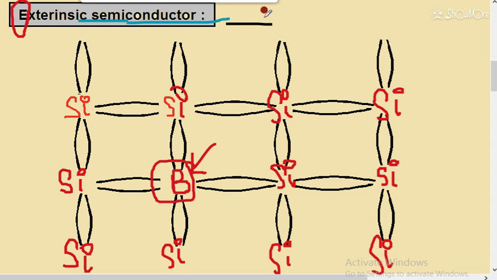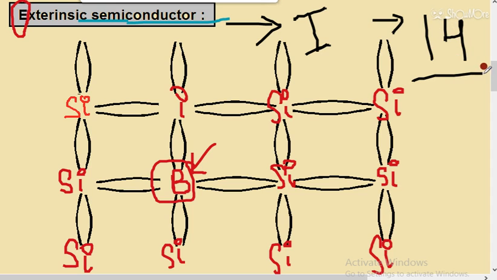So what do you mean by extrinsic semiconductor? If we add some impurity to the group number 14, that is the semiconductor group, then that type of semiconductor is called extrinsic semiconductor.